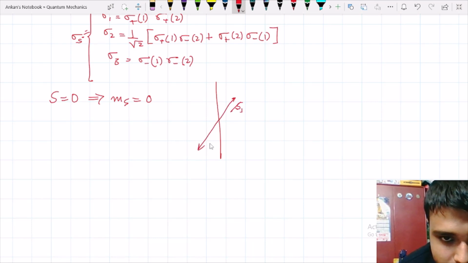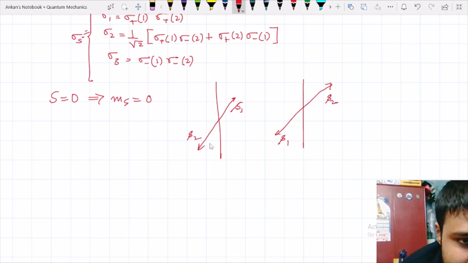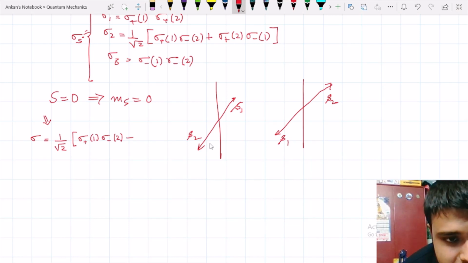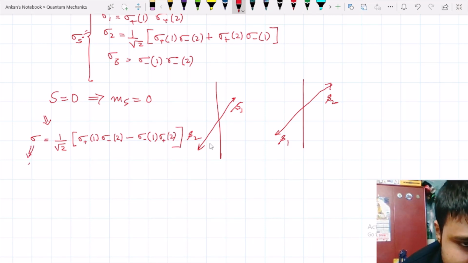If this be S1, then this will be S2, or if the up spin corresponds to S2, then the down spin corresponds to S1, so that it will be obtained by the superposition of sigma plus 1 sigma minus 2 minus sigma minus 1 sigma plus 2. So this is antisymmetric in nature.